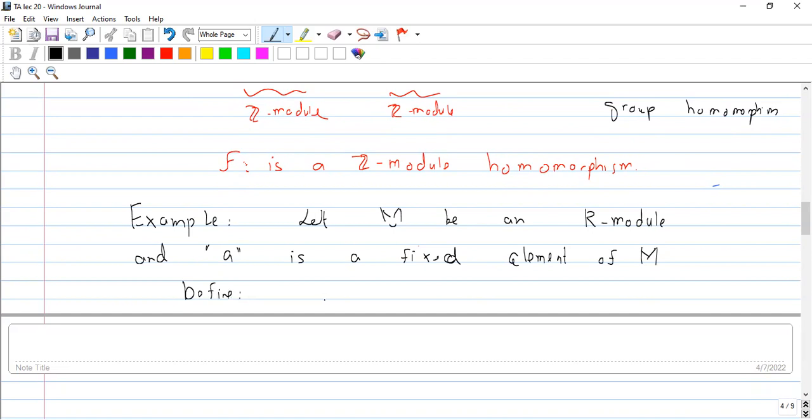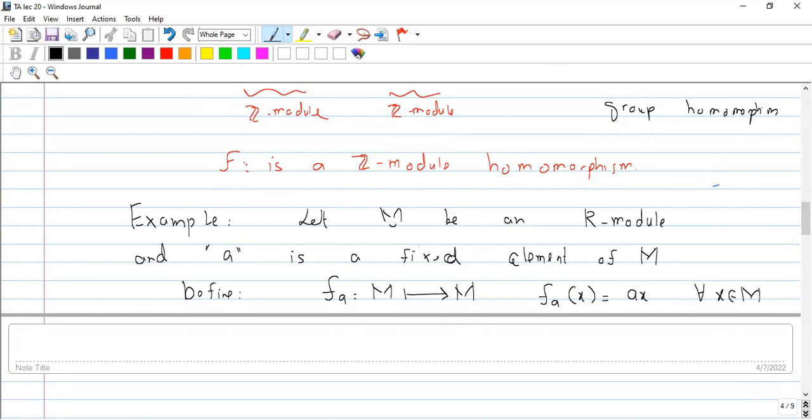Define a map f_A from M to M in this way that whenever we have input x in M, then output is equal to Ax for all x in M.